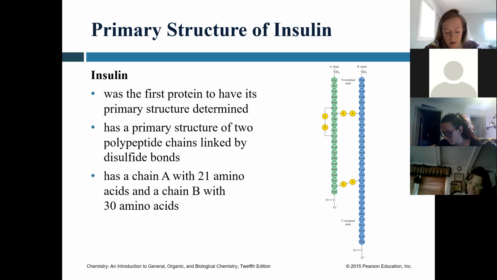Here we can see insulin. This was the first protein to have its primary structure determined. They were able to sequence its amino acids, determining the correct ordering.